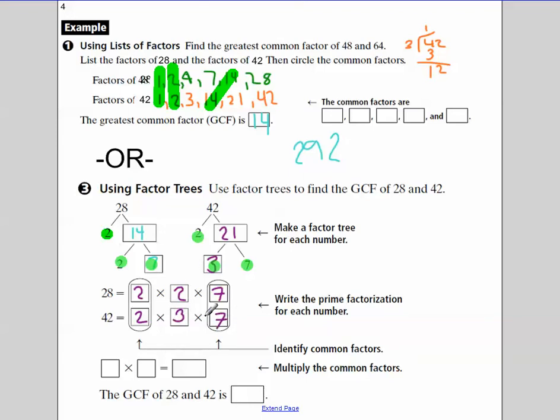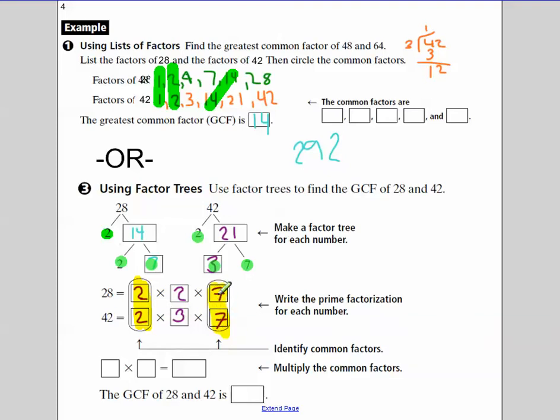To find the greatest common factor by using a factor tree, I am going to circle. I ask, who has a dancing partner? If I have a 2 up here, does my 2 have a dancing partner in the bottom? Indeed, I've got a 2 in my top row and a 2 in my bottom row. So that's going to be important. Does this other 2 have a dancing partner down here? Nope, so I can't do anything with it. Does my 7 on the top have a dancing partner on the bottom?